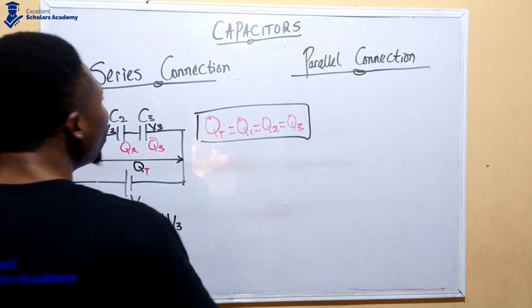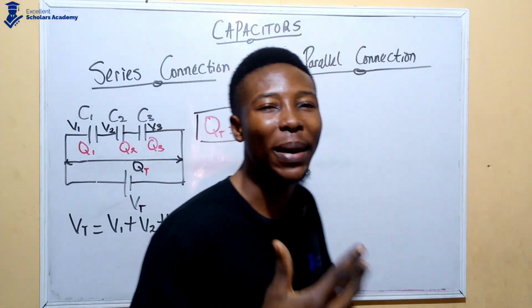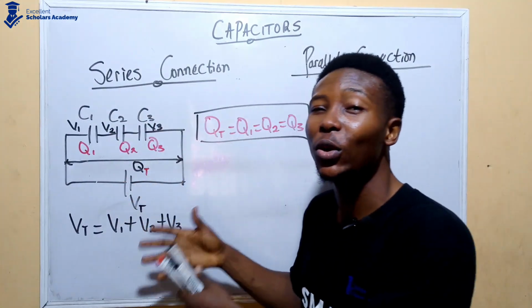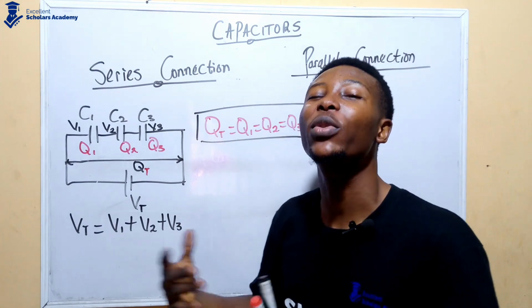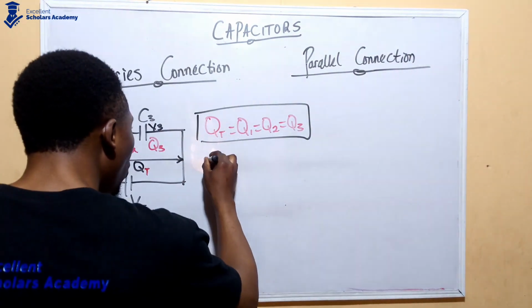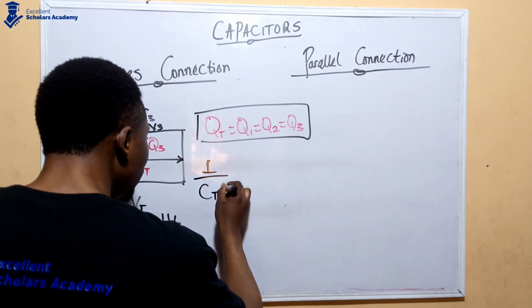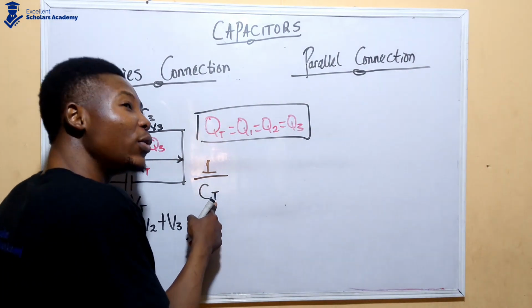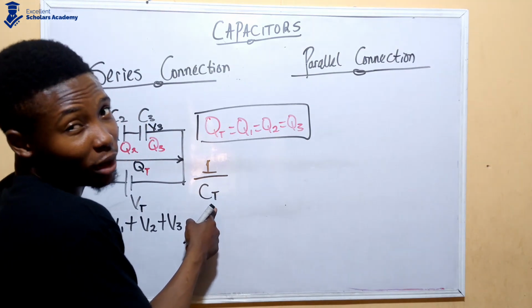Now, for us to get the total capacitance, or the equivalent capacitance, for capacitors connected in series, we use the formula 1 over CT, or some people write this as CEQ, which means the equivalent capacitance.